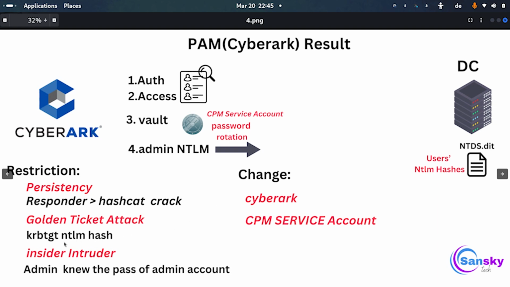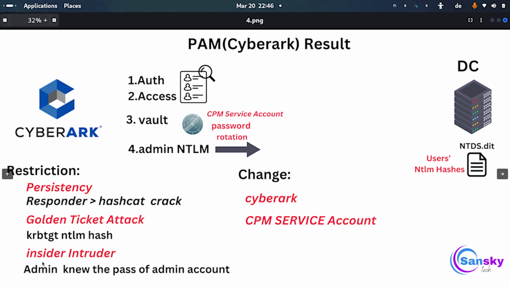Because of this, these forged TGTs have a short lifetime, which means they're not going to work for a long period of time. For example, tomorrow the password of KRBTGT is going to be changed, so our forged ticket is not going to work. So the golden ticket attack is cancelled or mitigated.